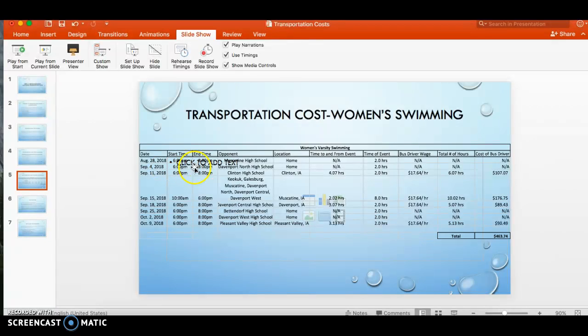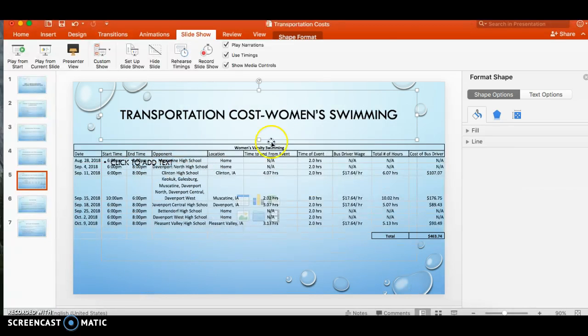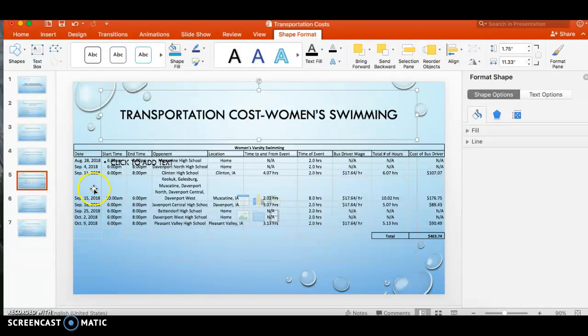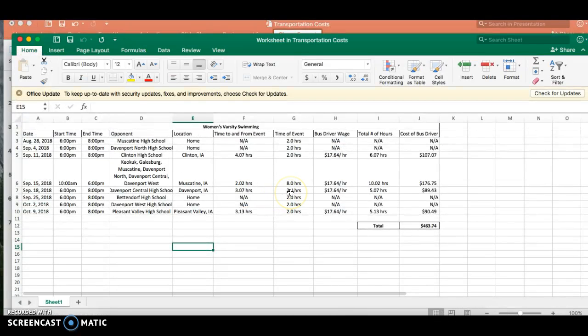And then for the women's team, they had 8 meets, and I did the same thing in calculating their start time, end time, and looking at where the meet was, the time to and from the event, and then calculating the total number of hours based on the bus driver's wage.